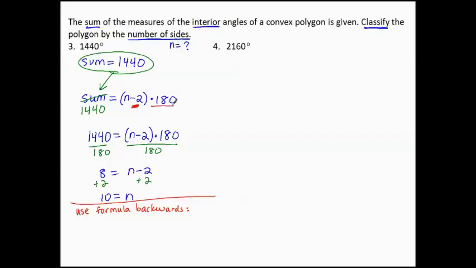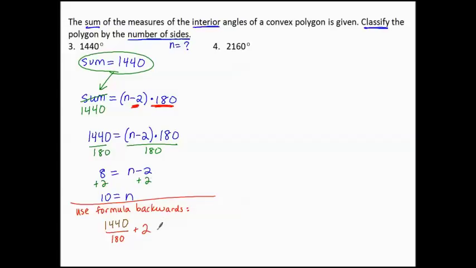So do those two things in the exact reverse order. We take the number they gave us, 1,440. Instead of multiplying by 180, we divide by 180. Instead of subtracting 2, we add 2. Just use the formula backwards. That's basically what we did here. Divide by 180, then we added 2.